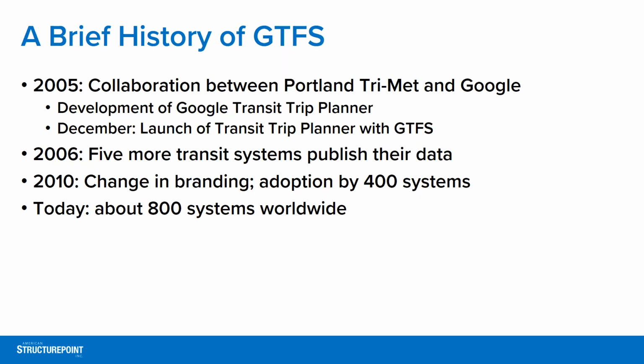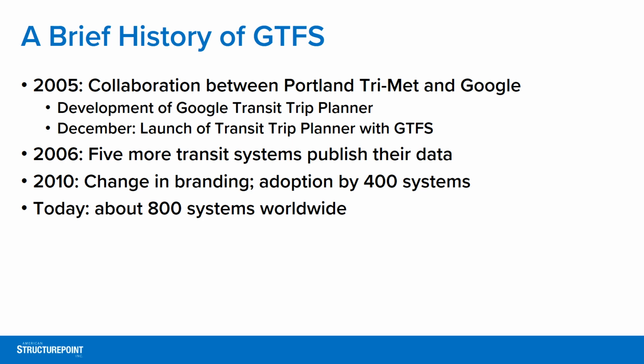GTFS has been around for about 15 years. It's a result of a collaboration between Portland TriMet, the transit agency for the Portland region, and Google. The legend is that the operations planner at TriMet was frustrated following a trip to other cities and in trying to figure out their transit systems, and came back home and sent some inquiries out to various agencies, including Google, about how to include transit in trip building applications.